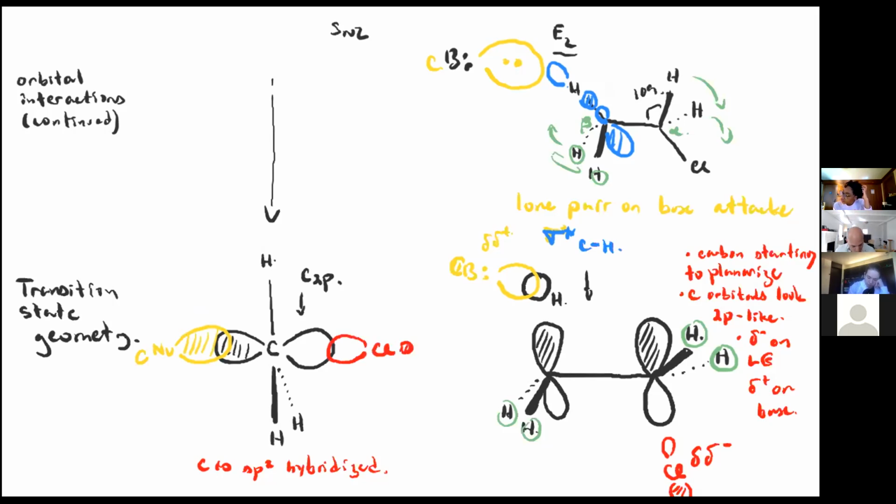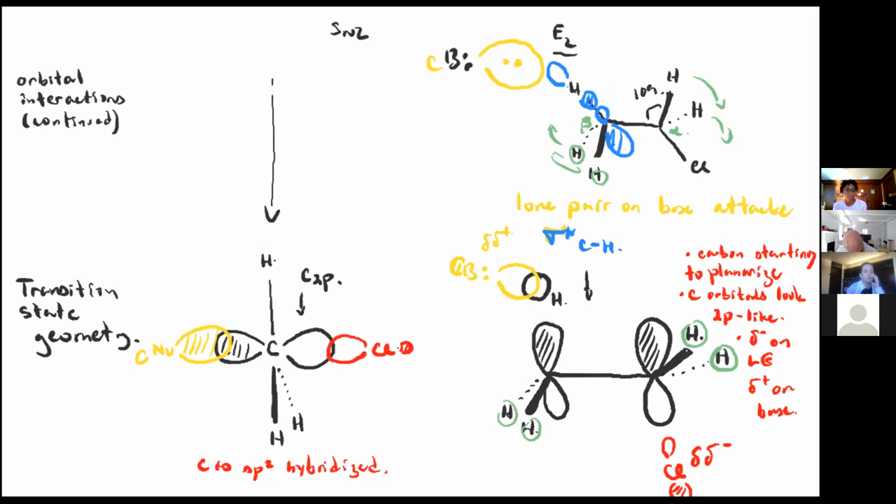Okay. And so carbon is sp2 hybridized. The bond angle between the nucleophile and the leaving group is 180 degrees.